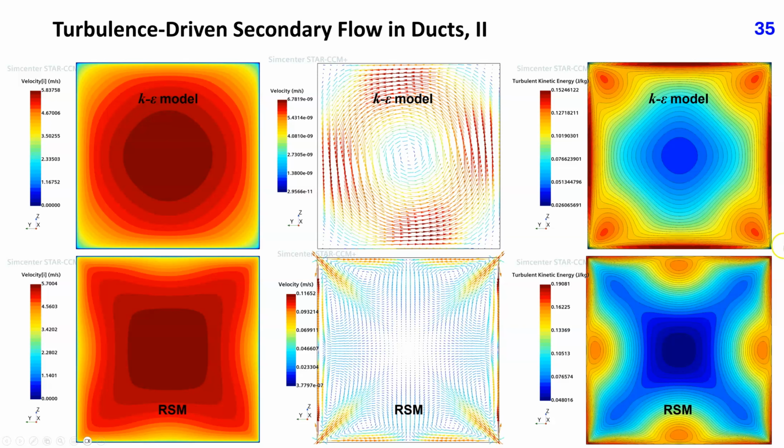The contours of turbulent kinetic energy are totally different. While the k-epsilon model predicts peak values near duct corners, the Reynolds stress model predicts low turbulent kinetic energy there, with peaks located at the centers of each side wall.